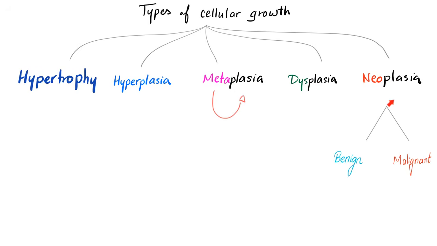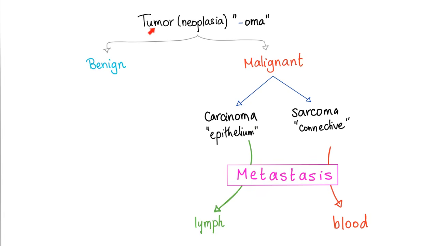Neoplasia, this is the one that contains benign tumors. No big deal. Malignant tumors, those are the cancers, and those are nasty. But of course, every cancer is different. So, tumor is the same thing as neoplasia, is the same thing as any word that ends in oma. Lipoma, melanoma, hepatoma, adenoma, adenocarcinoma, you name it. Next, we divide tumors into benign or malignant.